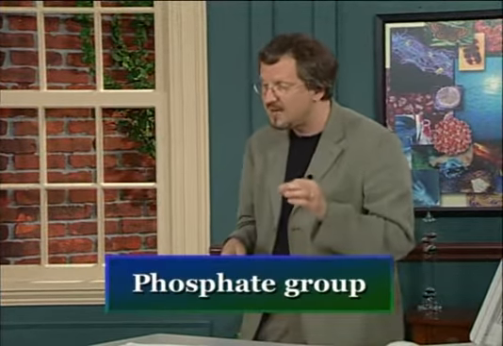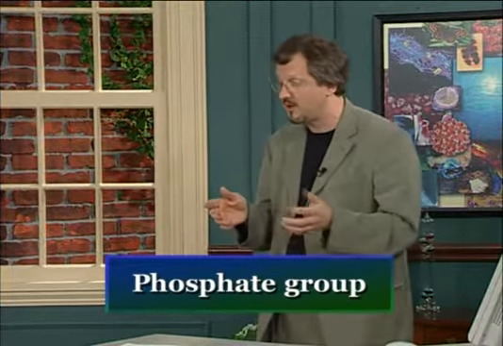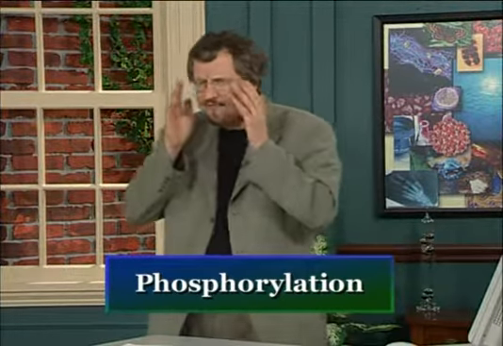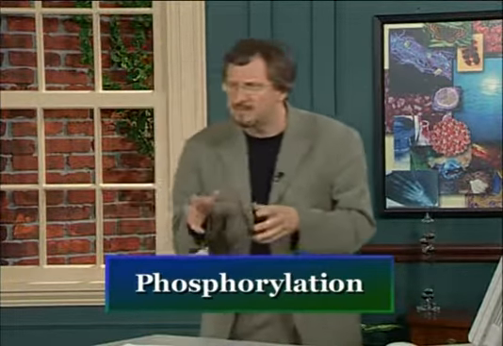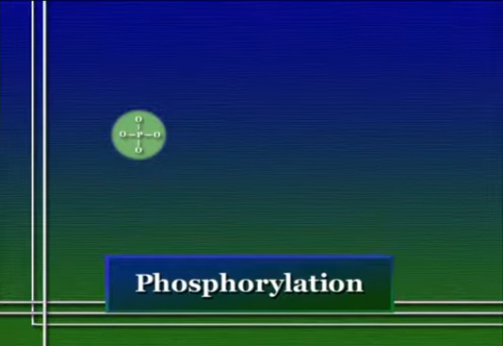Now, one particularly important and actually quite ubiquitous way in which the activity of proteins is switched on and off involves the addition of what's called a phosphate group to one of the amino acids in the protein, through a process called, not surprisingly, phosphorylation. So a phosphate group is simply a chemical group that includes a phosphorus atom at the center bonded to 4 oxygen atoms.